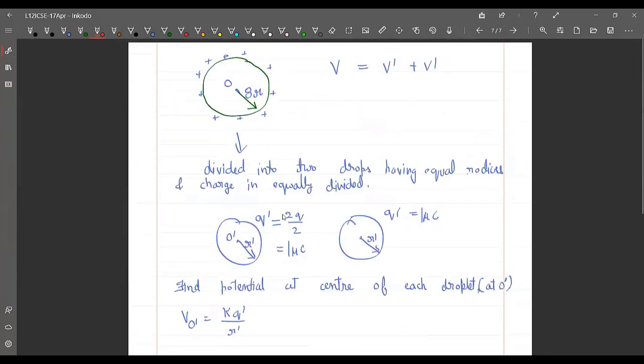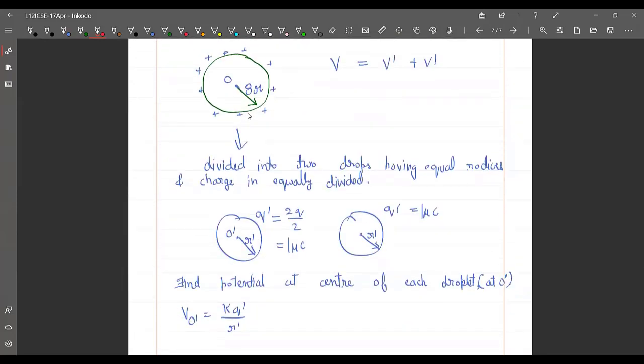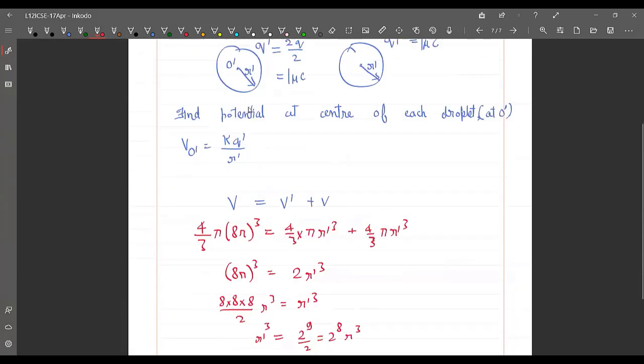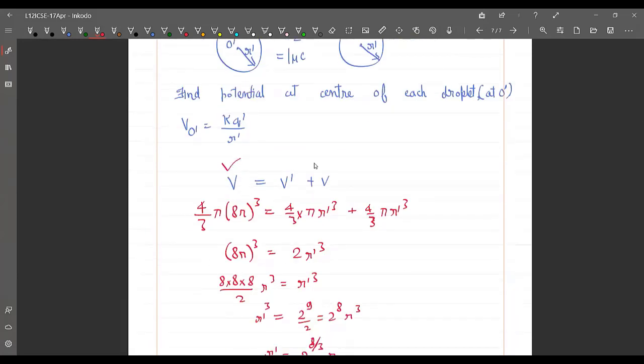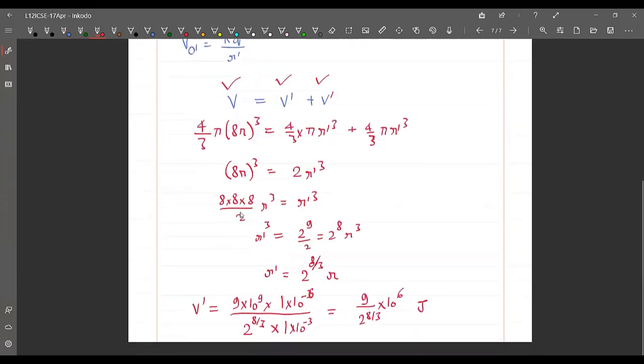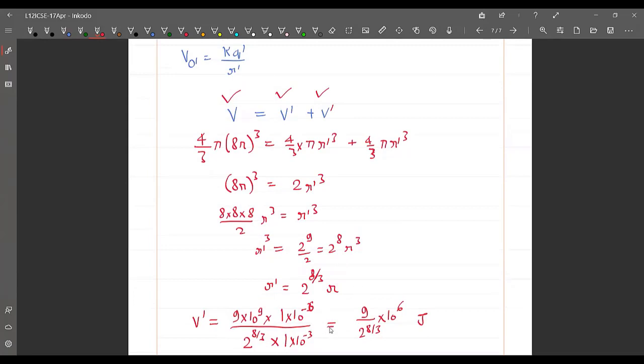So here, remember, the radius will not be halved. The volume is getting divided. So initial volume will be equal to the final volume. I'm going to do this calculation.